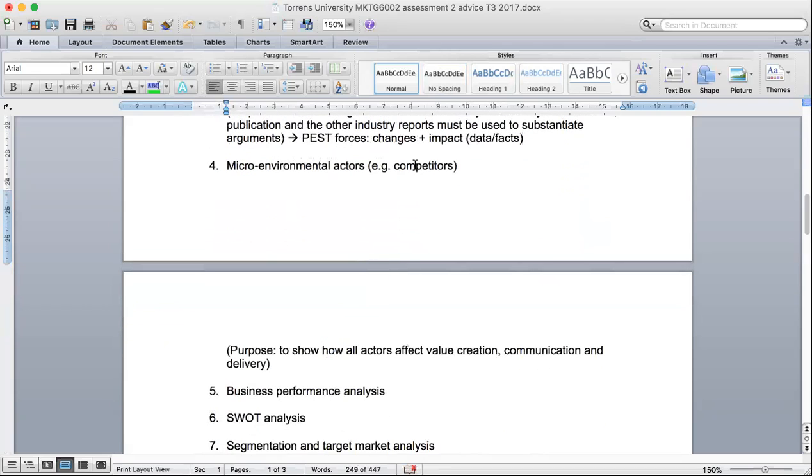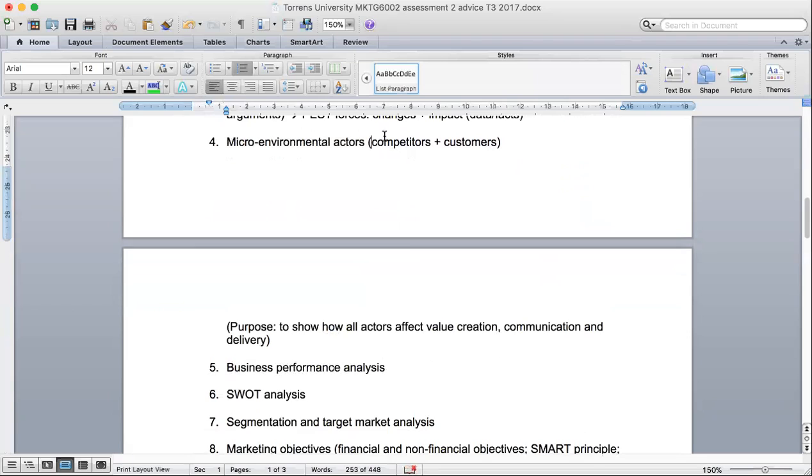Micro, please focus on competitors and customers. I just typed in here. Please focus on competitors and customers. In terms of competitors, look at their offering, look at how these guys affect the value creation of the organization, right? In this instance, the social enterprise. Now, customers, okay?